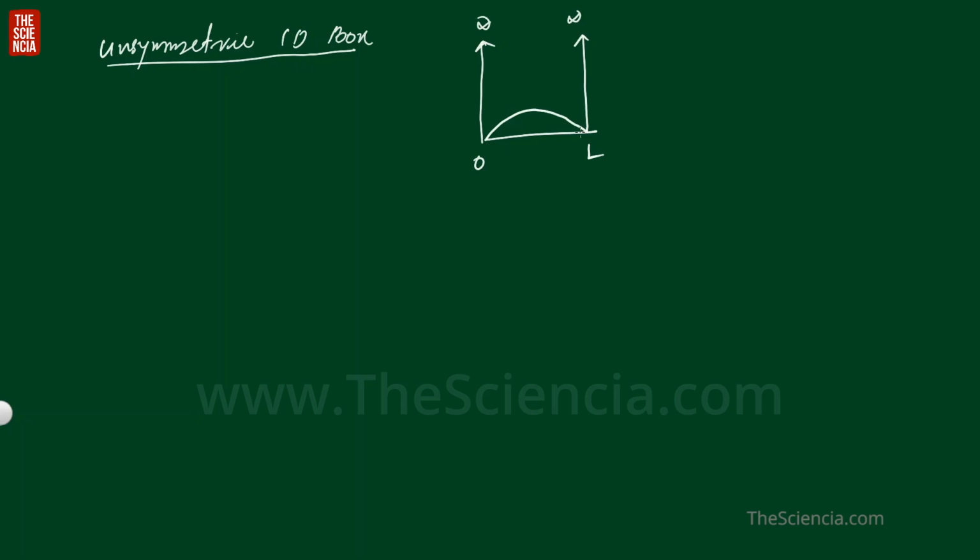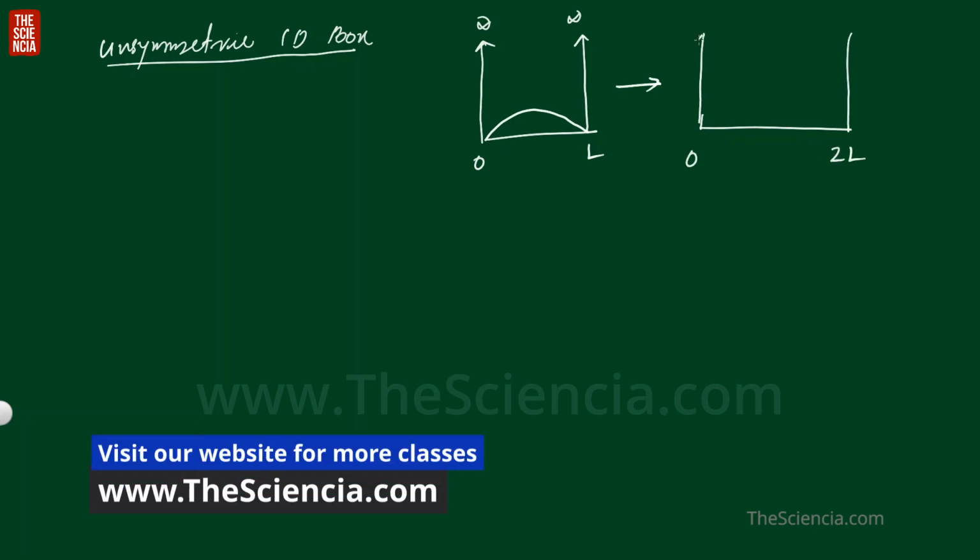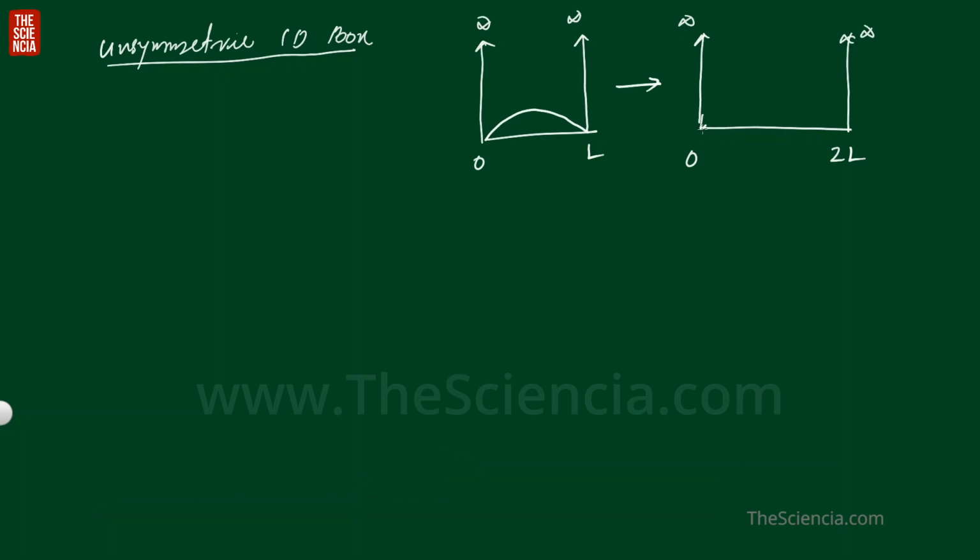And there is a particle in the ground state. I am representing the ground state wave function like this, and now we shifted these walls, so we got another box of new length, that is 0 to 2L. In the new box, the ground state wave function looks like this, the first excited wave function will look like this one, that is, this is the middle position, and the second excited wave function will look like this one.